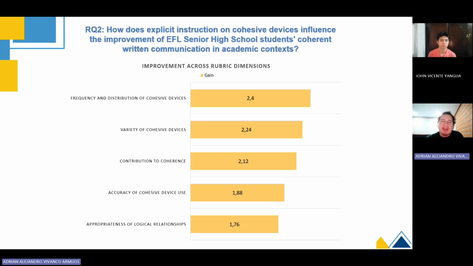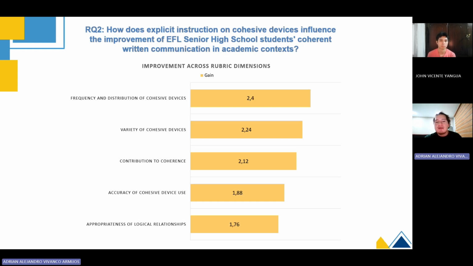Furthermore, accuracy of cohesive device use improved by 1.88 points, while the appropriateness of logical relationships showed a gain of 1.76 points. Although these were the smallest gains, they still demonstrate that students developed a better understanding of how and when cohesive devices should be used to express logical relationships between ideas.